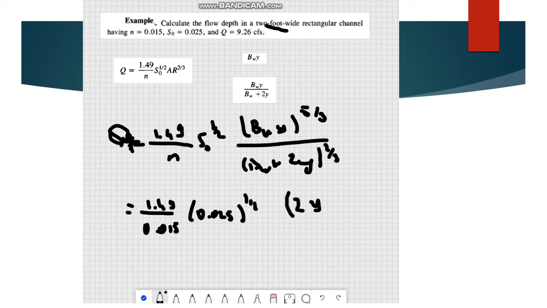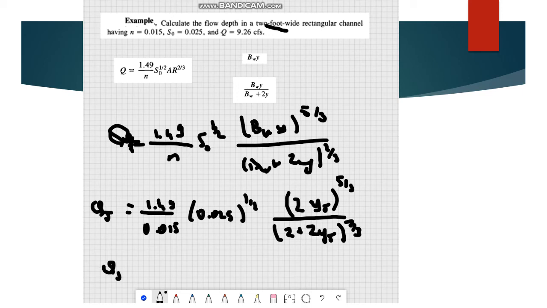So y_j, let's say, we don't know, to the power 5 over 3, over 2 plus 2y_j, to the power 2 over 3. This is equal to Q_j. What does it mean? Let's make it more simplified. Then after that we need to do an iteration procedure.